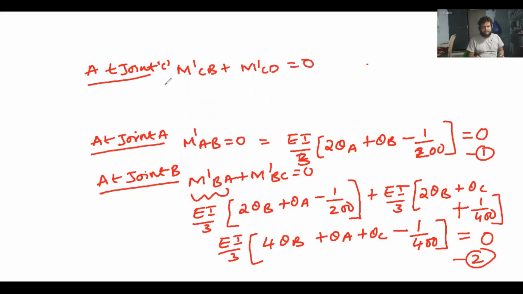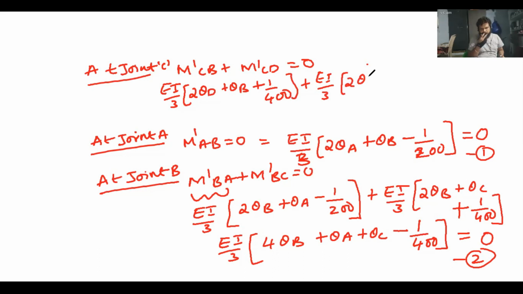So this will become again EI by 3 common into 2 theta C plus theta B, plus 1 by 400, correct? Plus EI by 3 into 2 theta C minus 0.975.